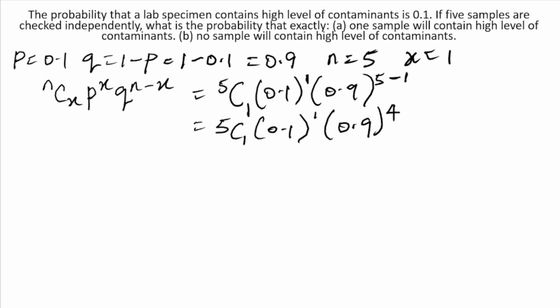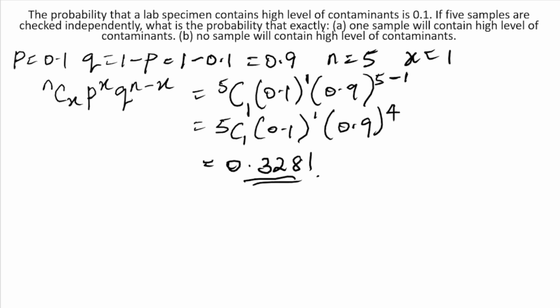Okay, so now using your calculator to solve this, you will probably get 0.3281. Okay, so that's the answer to this question. For the sake of practice, you can try out the B part yourself. You can pause the video to try out the B part.